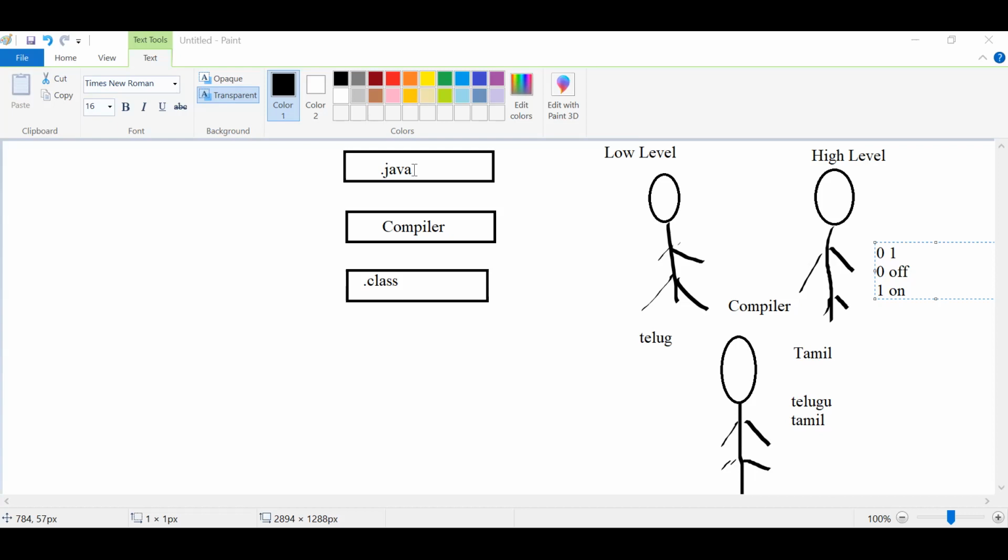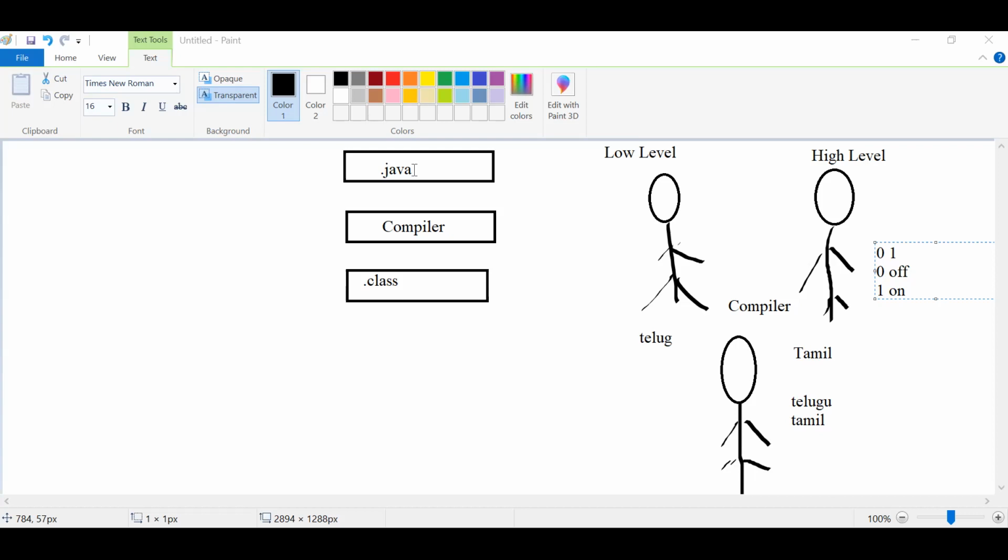But again, why did they introduce Java? Java has some of the best features and advanced features. What are they? One of them is fast execution.